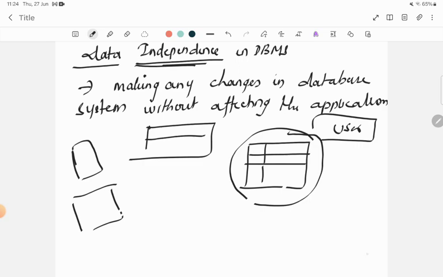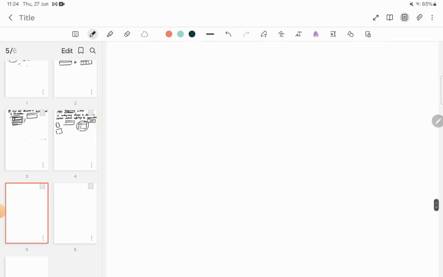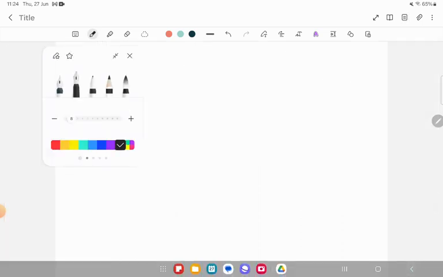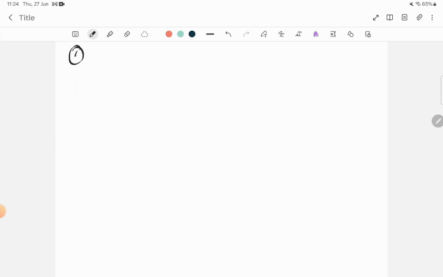In data independence, we have 2 types. Let's discuss the types. The first type is physical data independence.